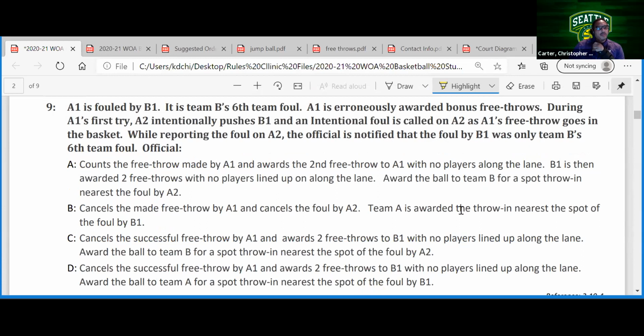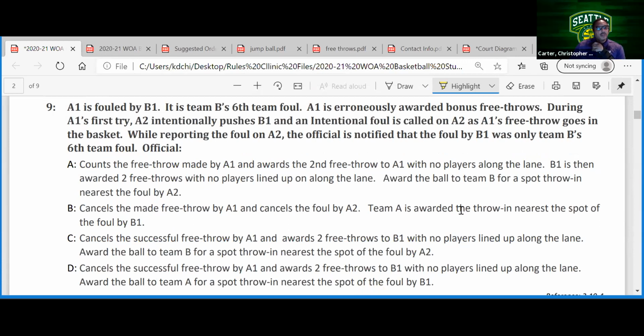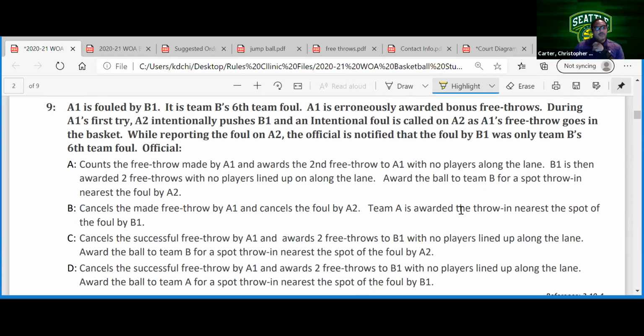So we've got A1 is fouled by B1. It is Team B's 6th team foul. A1 is erroneously awarded bonus free throws. During A1's first try, A2 then intentionally fouls, pushes B1, and an intentional foul is called on A2 as A1's free throw goes in the basket.